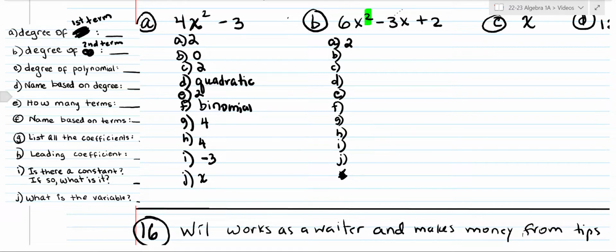The degree of the second term, right, we're looking at negative 3x. The variable is x, and we know that the exponent on the x is 1, so the degree is 1. Letter C, so the highest degree is 2, so the degree of the whole polynomial is 2. Name based on the degree, well, degree 2 are known as quadratics.